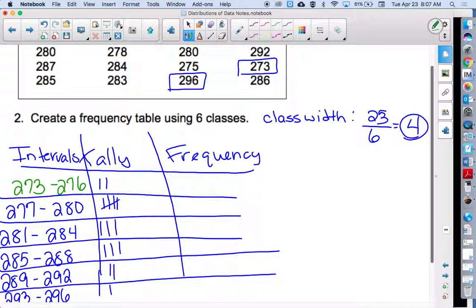And then when you go to make your tally, you're adding for your frequency how many tallies you have.